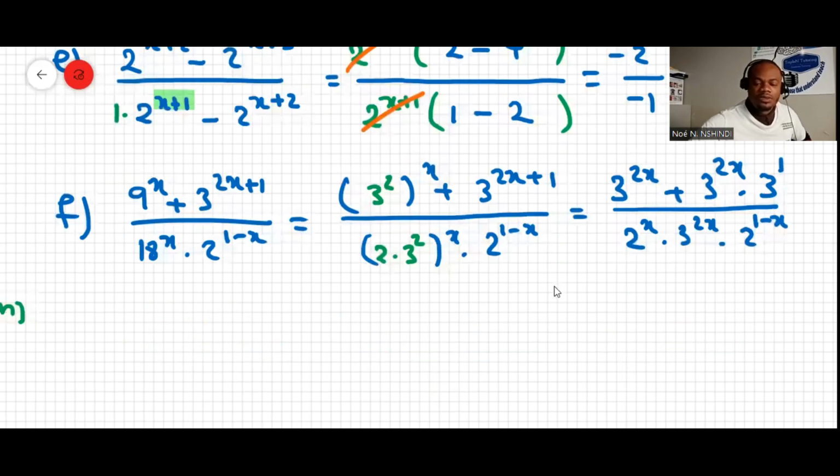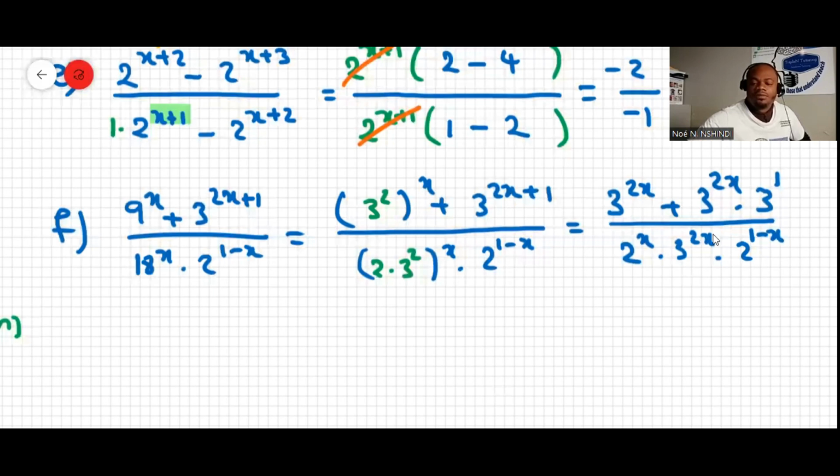Over here at the denominator I can combine them, because notice that we do have the same bases. The base here is 2 and the base there is also 2. So we can combine the bases in the denominator.